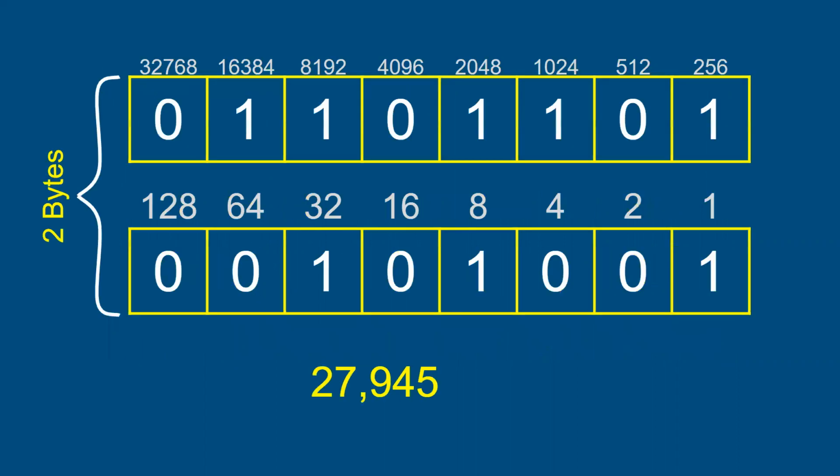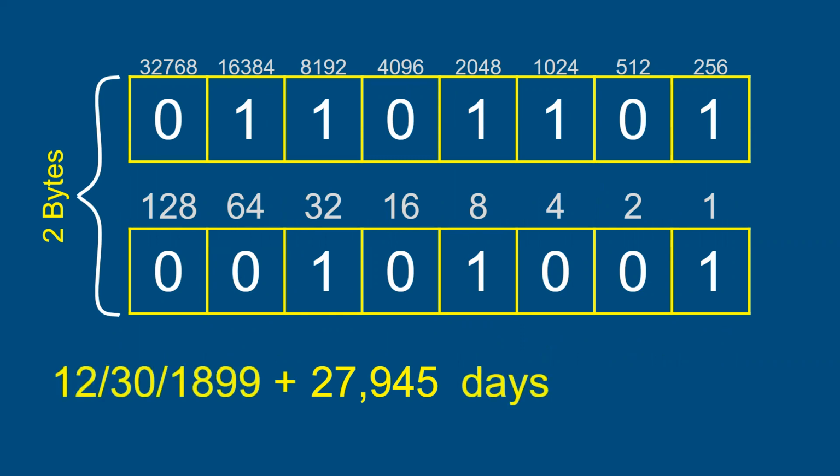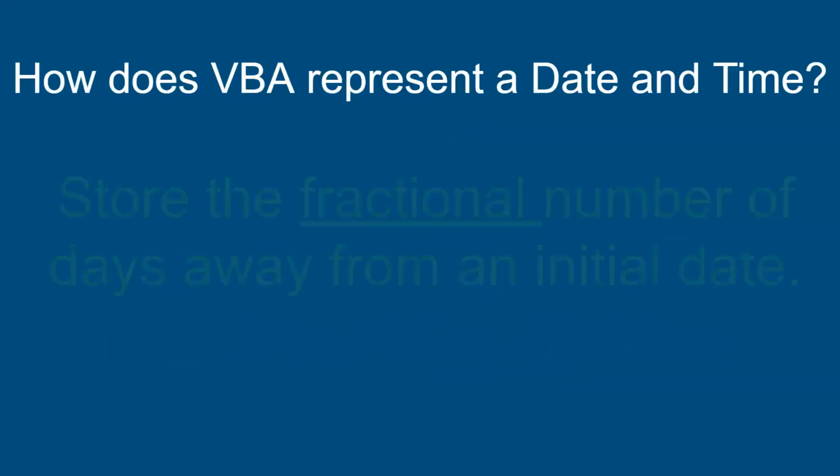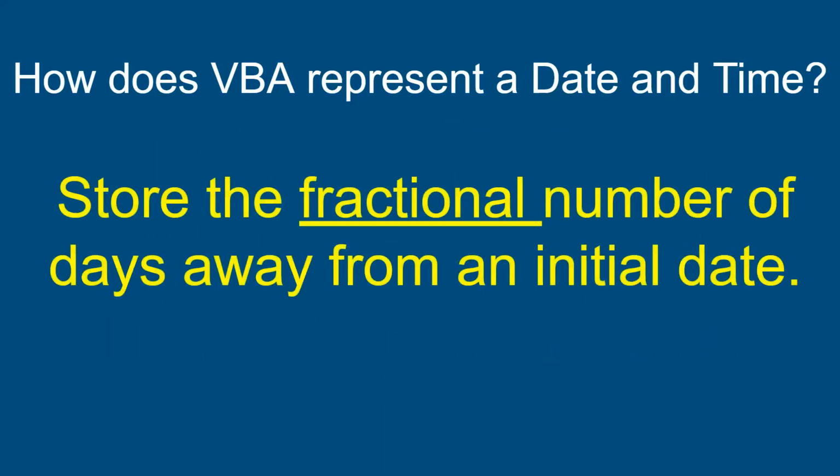So if we store a certain number of days, what that really means, if the data type is date, is that beginning date plus that many days equals, say, the bicentennial, July 4th, 1776. How about date and time? It's the same thing, but now instead of an integer number of days, we're going to store a floating point number of days.